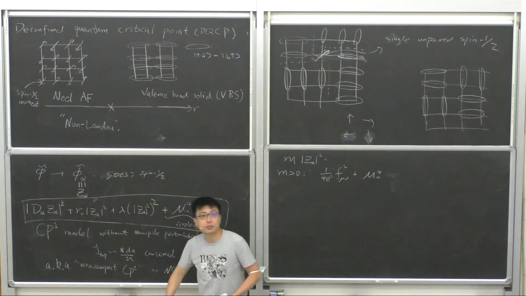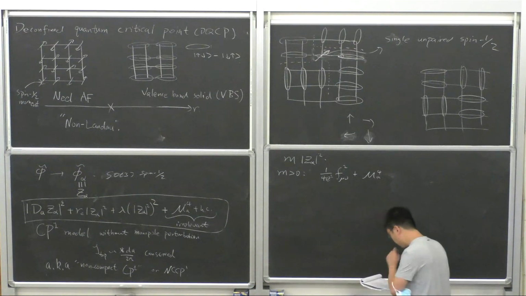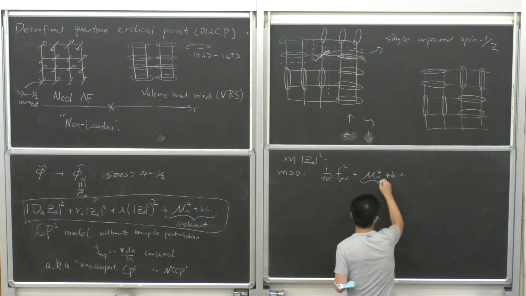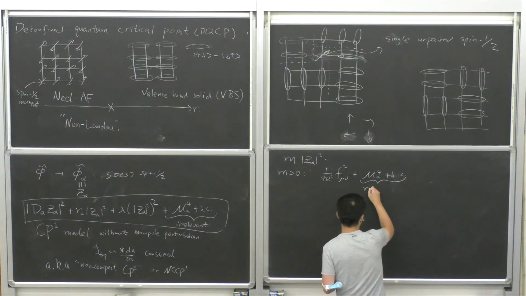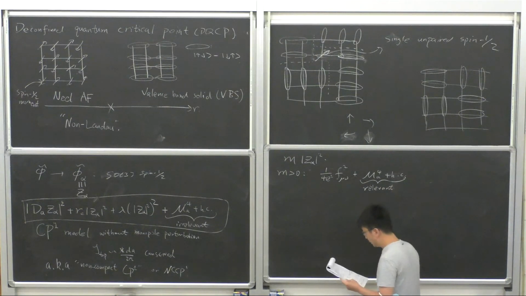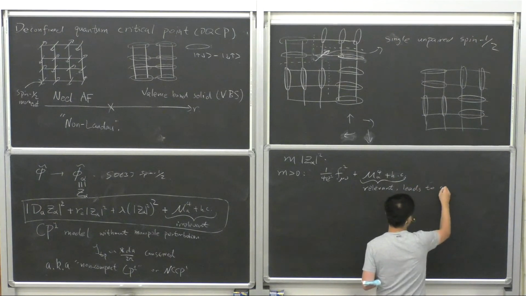If you don't have monopoles, it's just a free photon, and it's effectively a superfluid, nothing too interesting. But now this monopole becomes relevant, and leads to confinement of the U1 gauge theory.